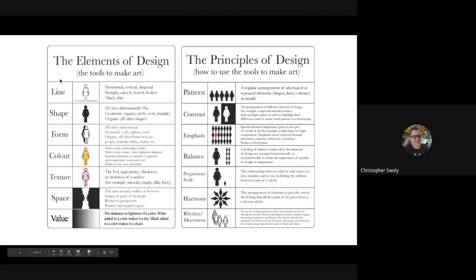The ones that I really focused on were line, shape, value, and color. Now, you can still have pattern, contrast, emphasis, all these principles, but it's all about these are what you use on your paper, and this is how you use them.